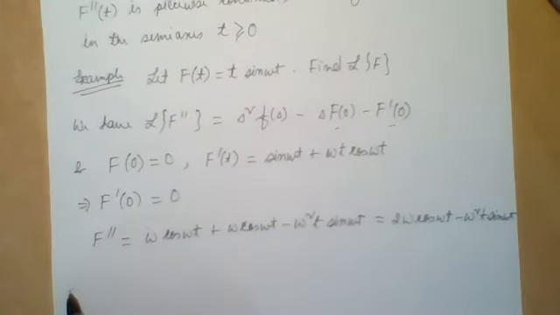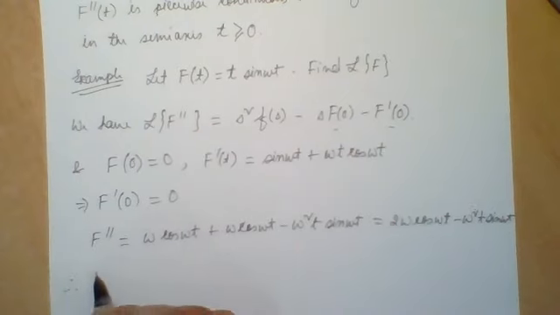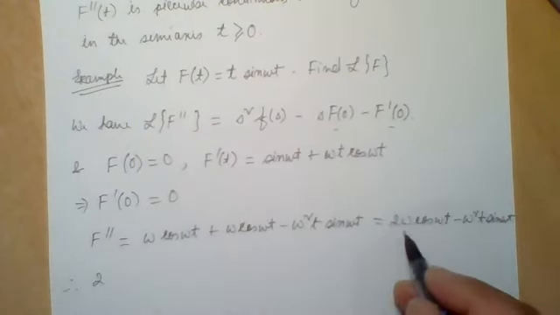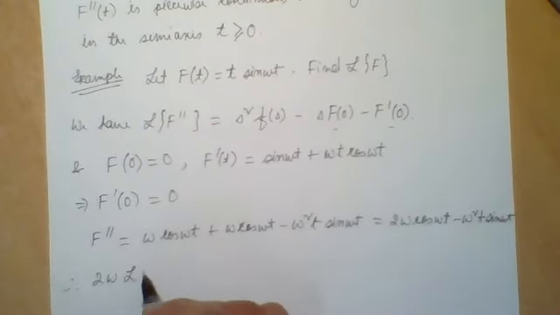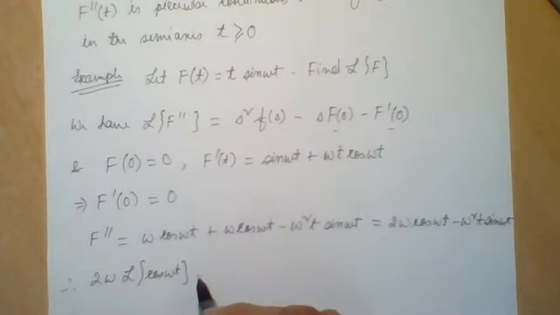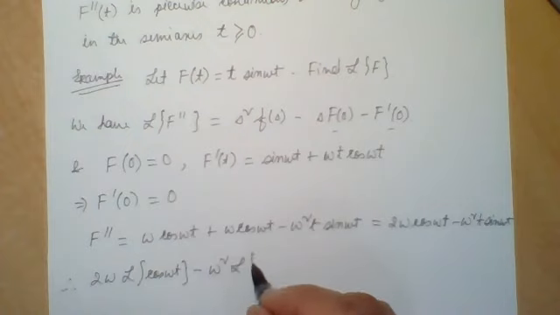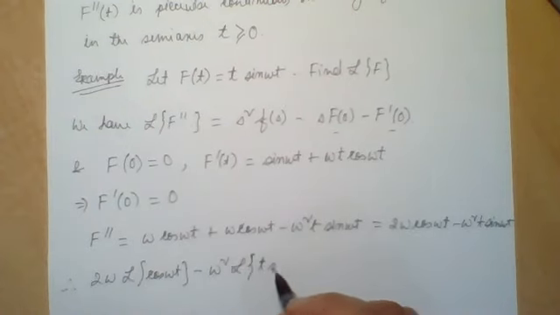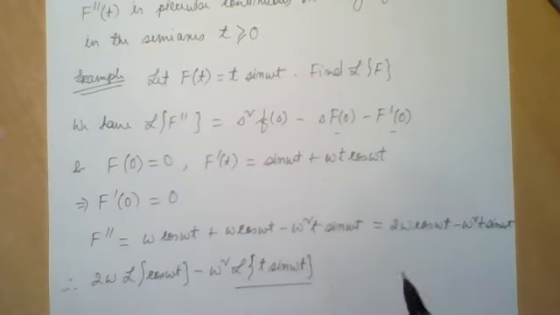If I take the Laplace transform of this, we get twice omega Laplace transform of cos omega t minus omega square Laplace transform of t sine omega t, and this is what we want to calculate.